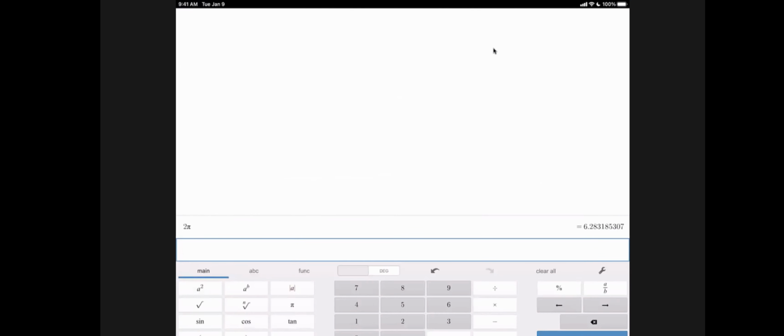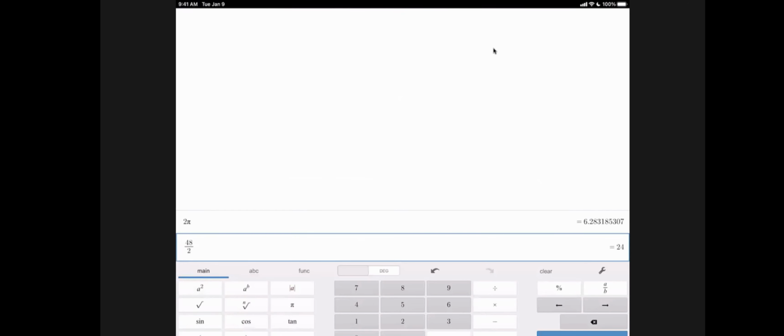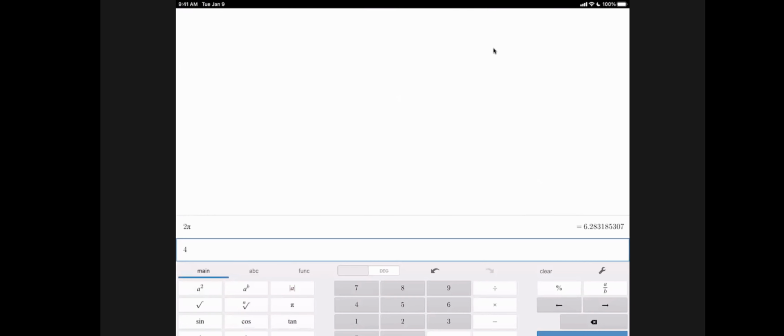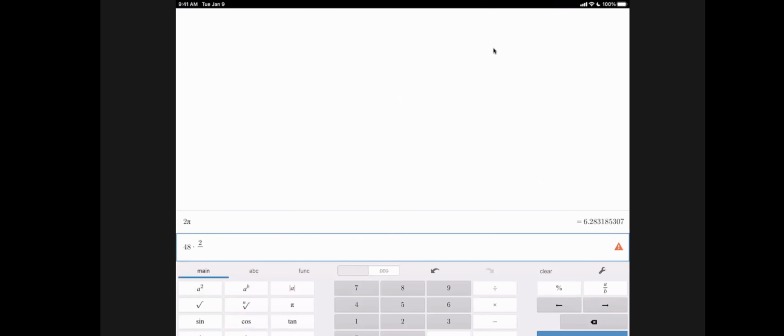So 48 times 2 divided by 360 is 4/15. Okay, so it's 4/15 pi.